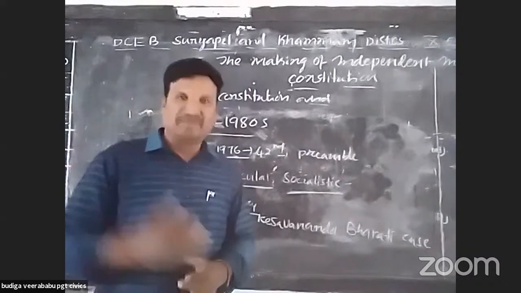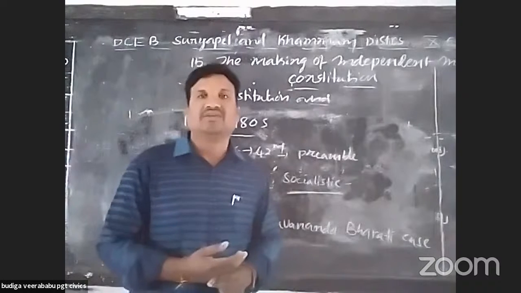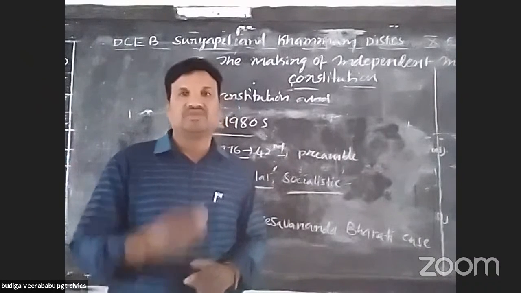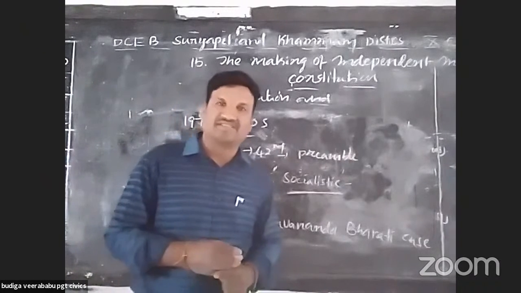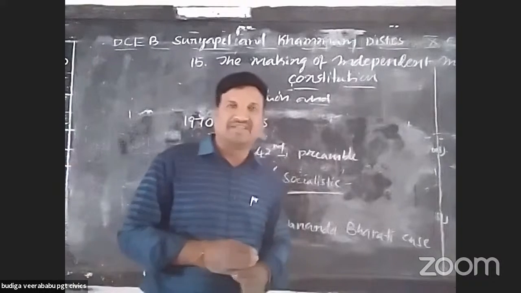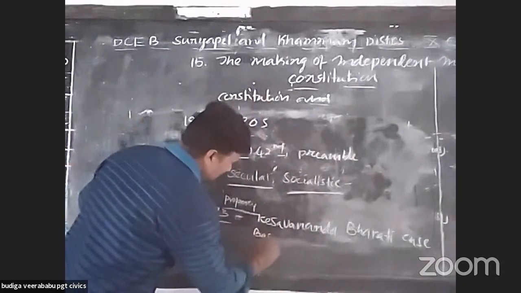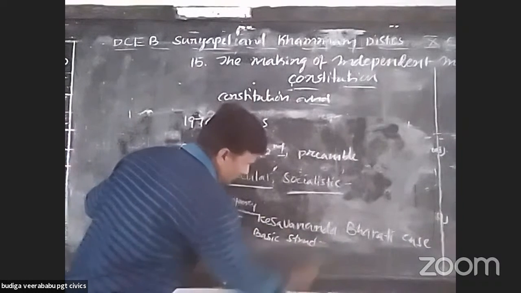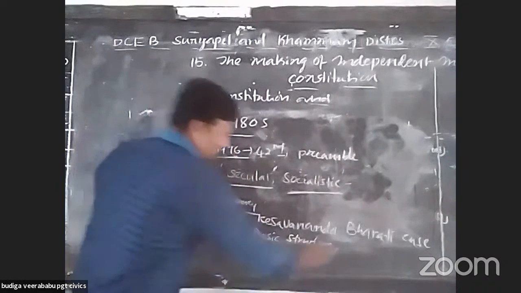The Parliament members, that means the Prime Minister and the parliamentary members, have the right to change any constitutional points through constitutional amendment. But through the Keshavananda Bharati case, the Supreme Court gave the judgment on the basic structure of the Constitution. So Parliament has the right to change any part of the Constitution, but not the basic structure.